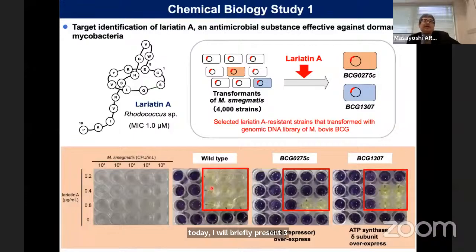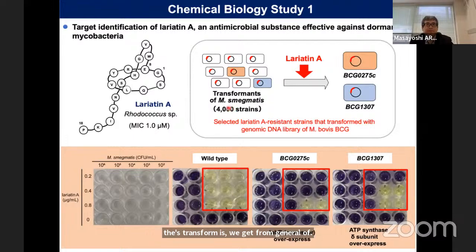Target identification of a compound called radiacin A, identified as an effective antimicrobial substance against dormant bacteria, is the first example. This compound, a unique cyclic peptide with a raster structure, was discovered from the culture extract of genus Rhodococcus. We conducted the target identification of this compound using Mycobacterium smegmatis transformed with a genomic DNA library prepared from the genome of Mycobacterium species.